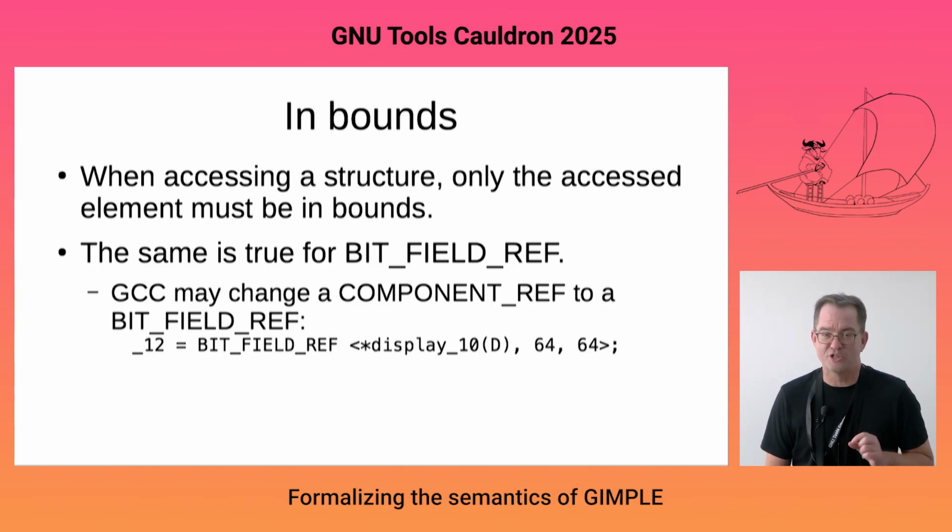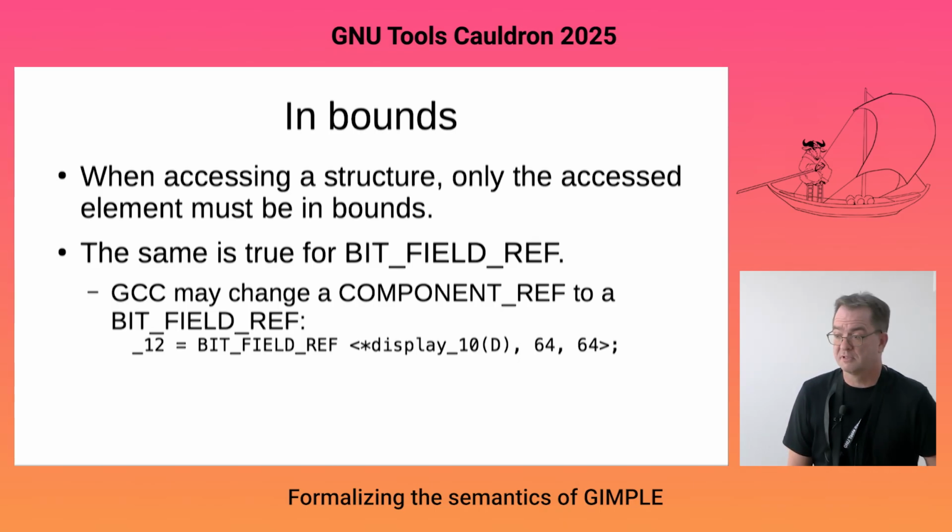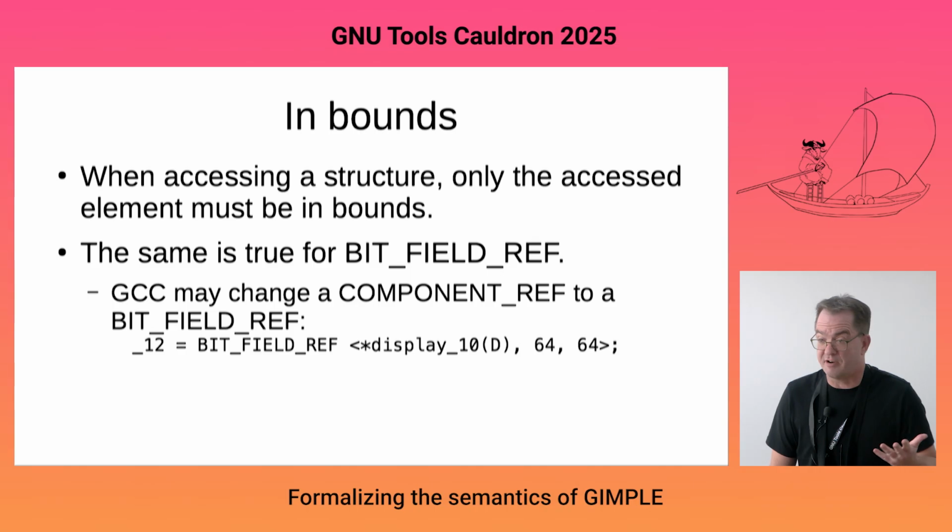It's only the part you are accessing. So that's not that strange. And you get a similar thing for BIT_FIELD_REF, because the compiler can change a COMPONENT_REF to a BIT_FIELD_REF. So you get things like the line below that access one of the first elements in the structure.